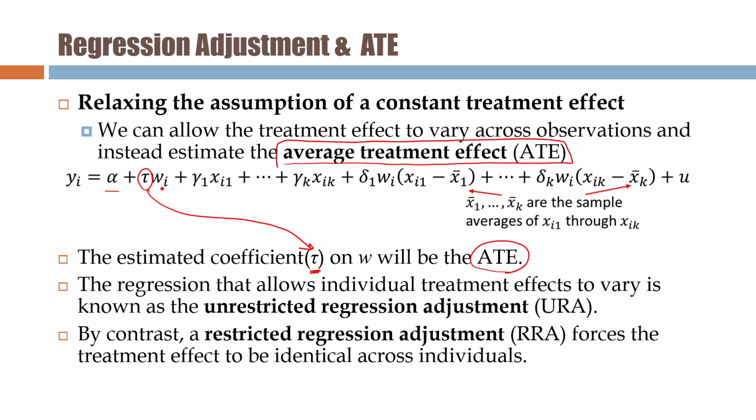Even though my treatment is not randomly assigned, we take out all the other effects so that we get the pure effect of our program. Again, this is not perfect, but it will be better than just doing the simple regression against just W.